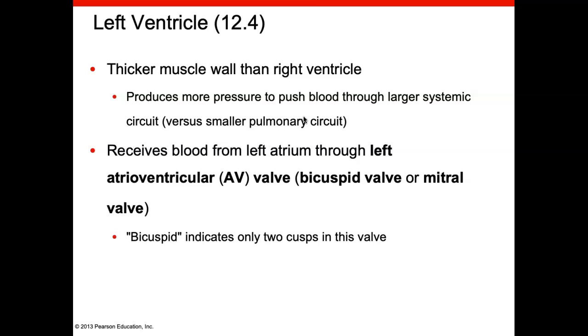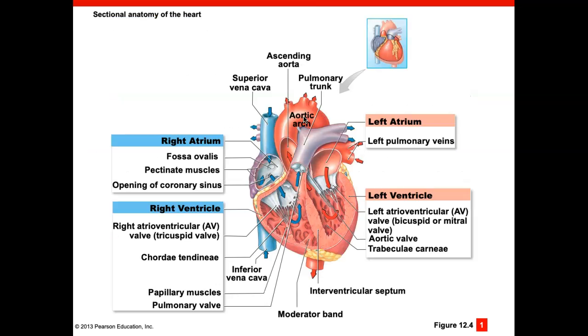The left ventricle is thicker walled than the right ventricle because it needs more pressure to push the blood through the systemic circuit. So you can see here how this wall is much thicker on the left ventricle. Needs more push for that blood.